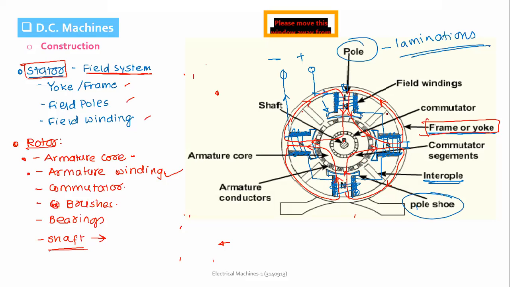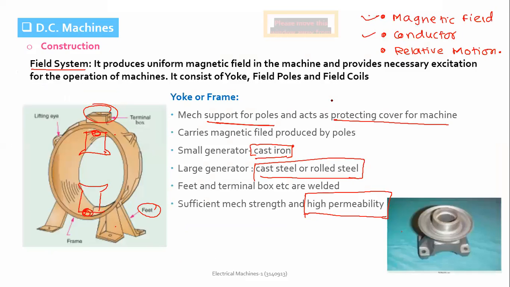So this is the flux path you can see when the current is passed through the coil. This is how the flux lines go. Okay, I'm just showing one single flux line over here, and as the flux path is completed through the frame or yoke, I would say it has to be made up of high permeability, so that the magnetomotive force, MMF, required to establish the magnetic field here in the core is less.